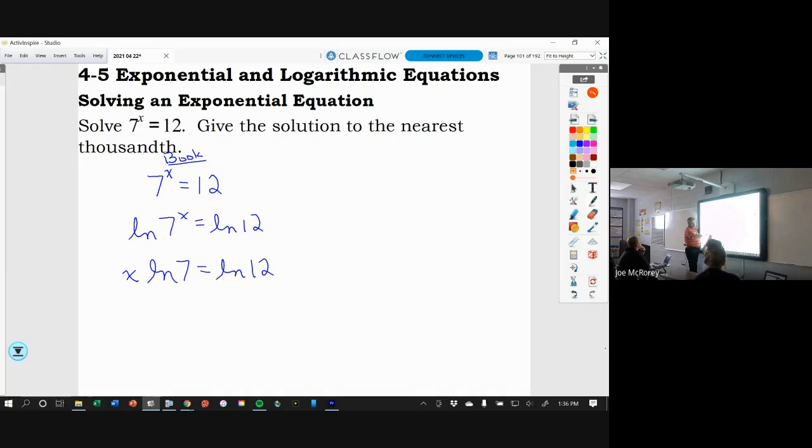To undo multiplication, I will divide by natural log of 7. But if I divide the left side by natural log of 7, I must divide the right side by natural log of 7. That gives me x is approximately equal to, because I'm off the last step now, you can enter this in the calculator. Now you can give me an answer.